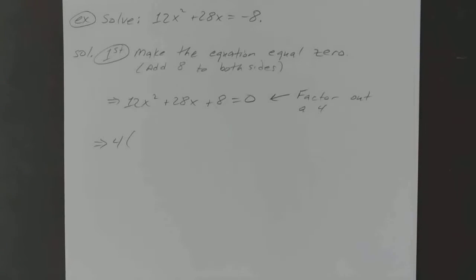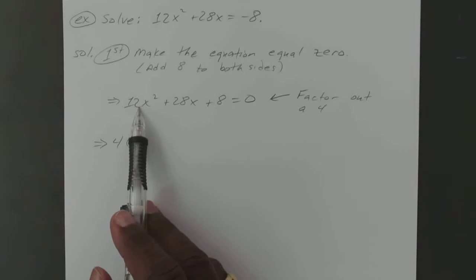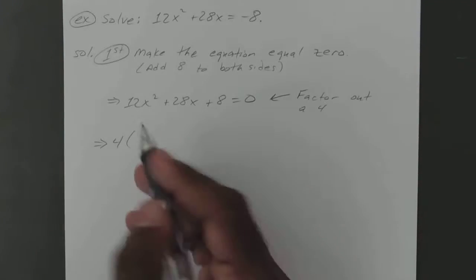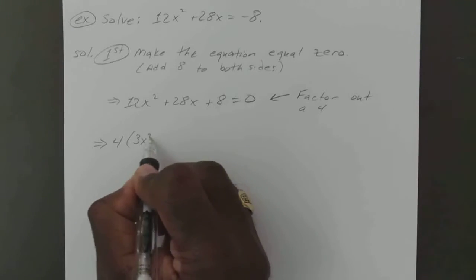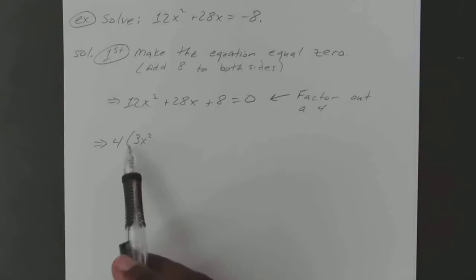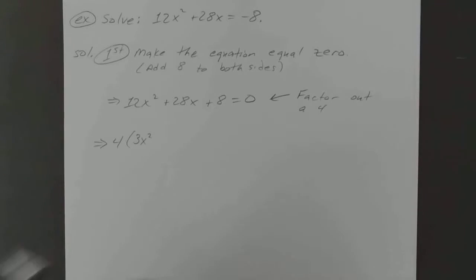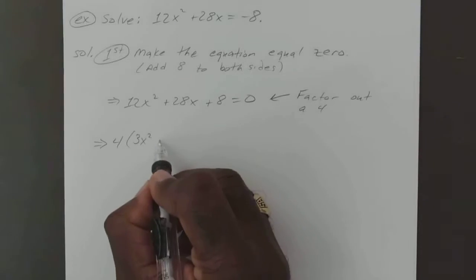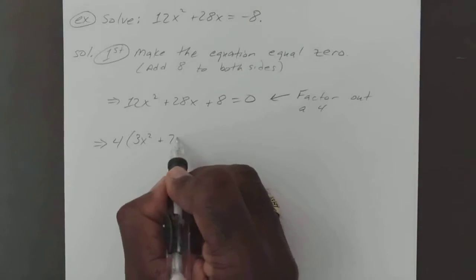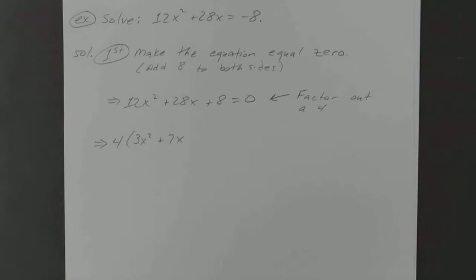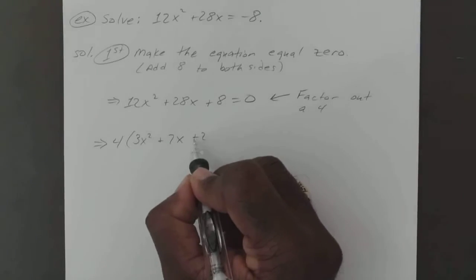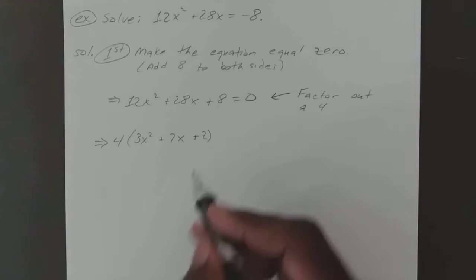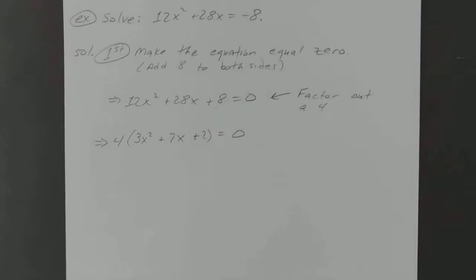Okay, so if we factor out a 4, 4 times 3x squared will give us 12x squared. So we put our 3x squared there. And 4 times 7x would give us 28x. And 4 times 2 will give us 8. So that would equal 0.